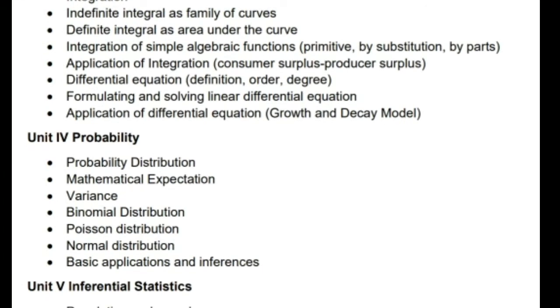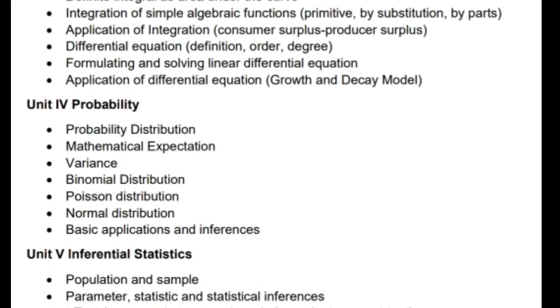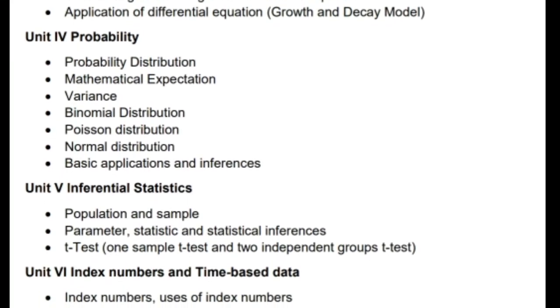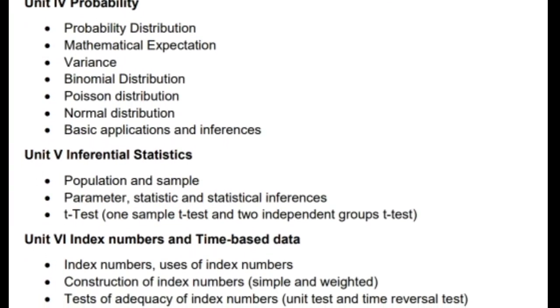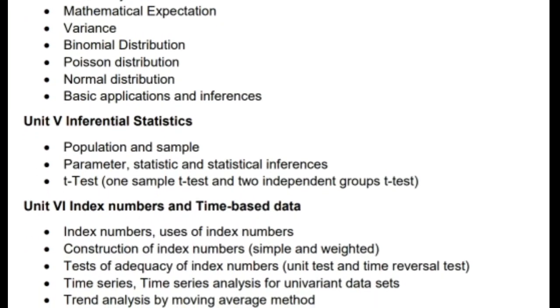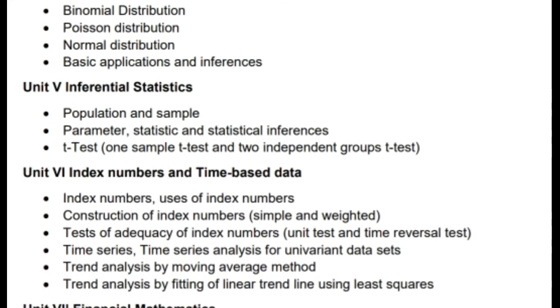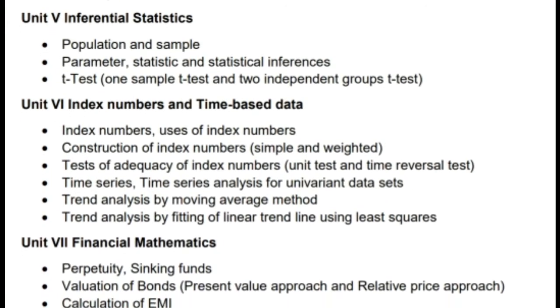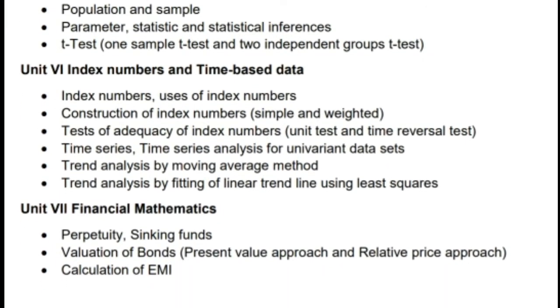And then index numbers and time based data, which are also connected with commerce students. Then financial mathematics, as I have already told you about financial mathematics in class 11, so the class 12 portion is there too.